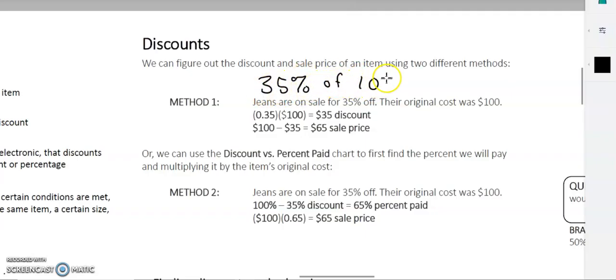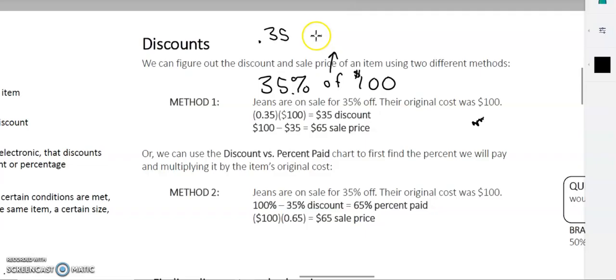of $100, because that's the original cost of the pants. I can't put this into the calculator the way it is. I need to make 35% a decimal. Instead of 35 point whatever, I move that decimal to the left and make it 0.35.